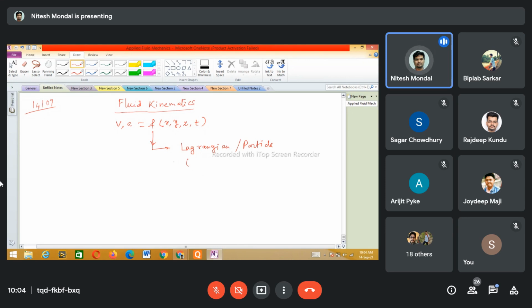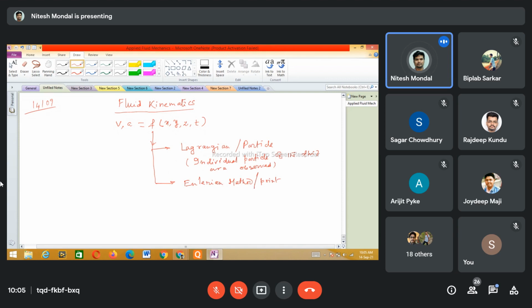And the other method is the Eulerian method, or point method.